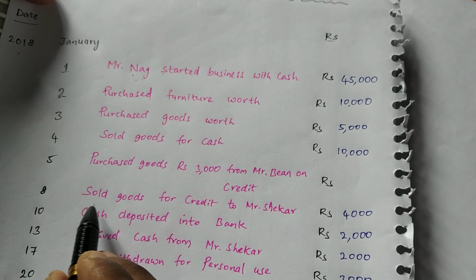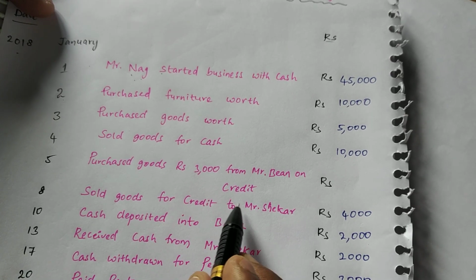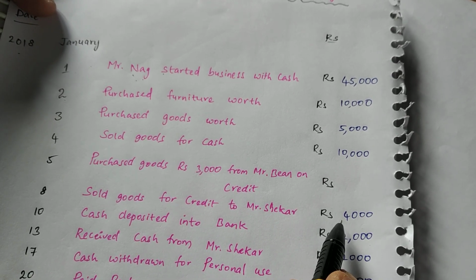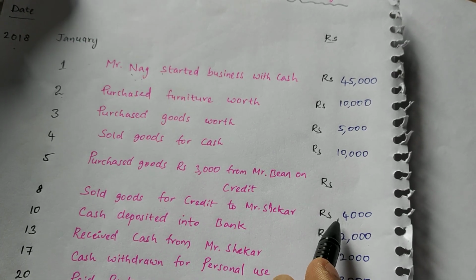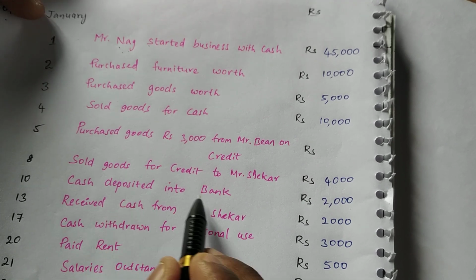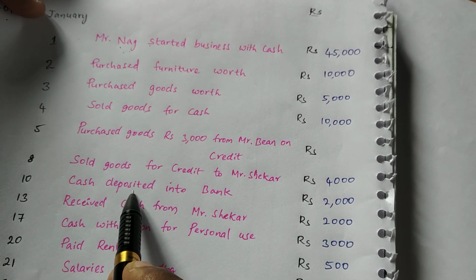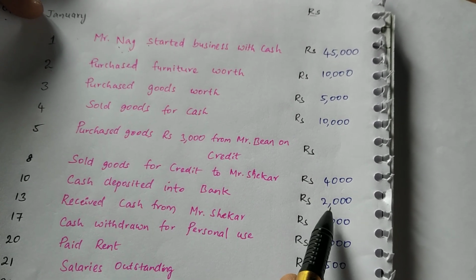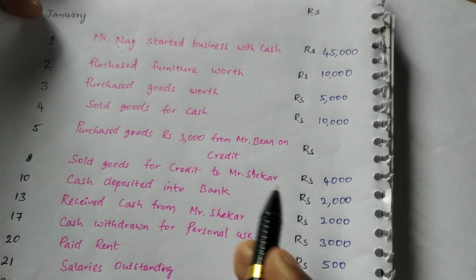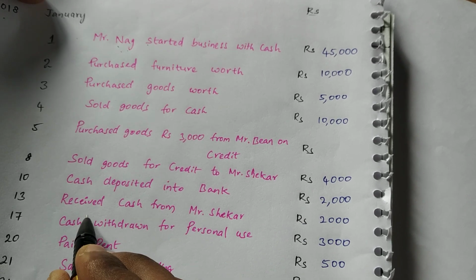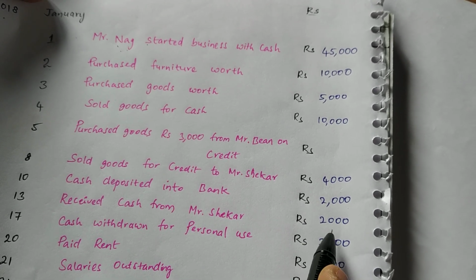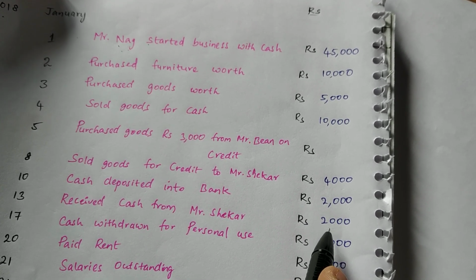On January 8, sold goods on credit to Mr. Shekhar, 4,000 rupees. Cash deposited into the bank, 2,000 rupees. Received cash from Shekhar, 2,000 rupees.